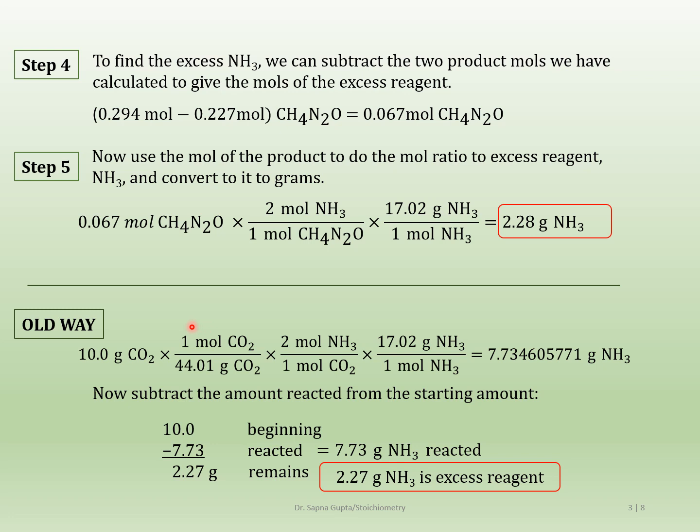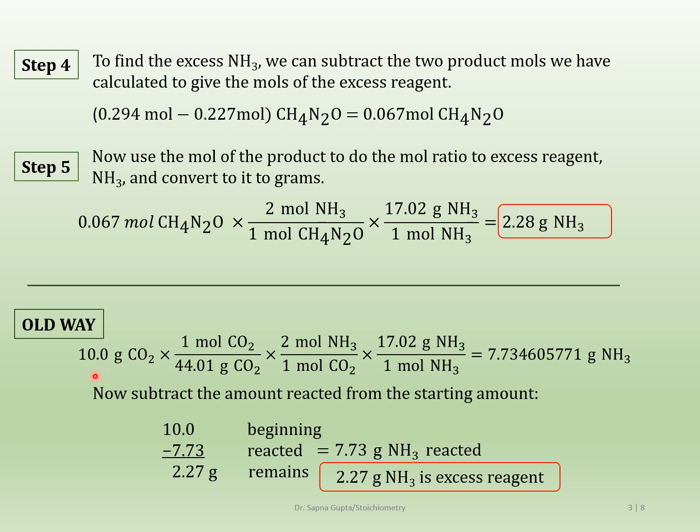So remember, your starting materials are carbon dioxide and ammonia, okay? So what we are trying to do over here is that once you know what your limiting reagent is, then you know that you're starting with 10 grams of carbon dioxide, because that's the limiting reagent. Now what you need to figure out is how much ammonia do you need for that.